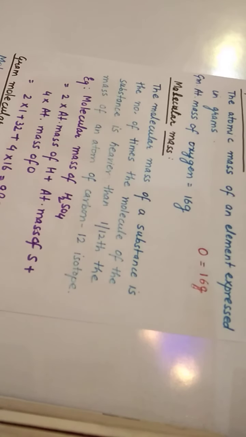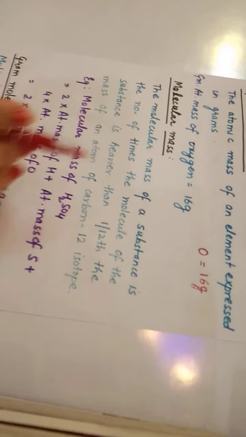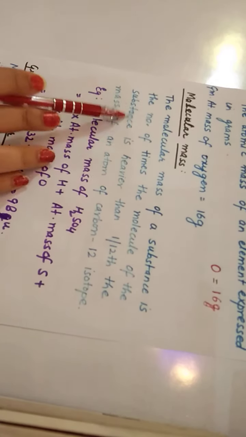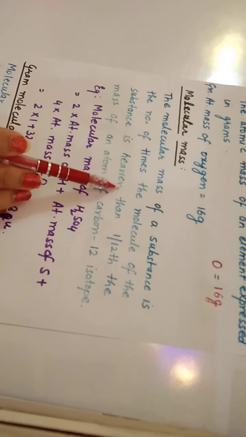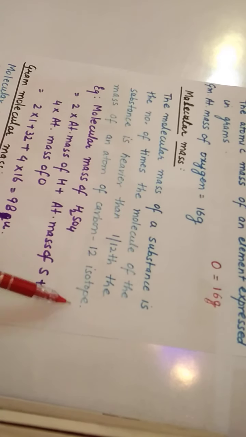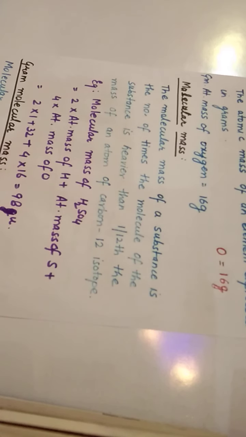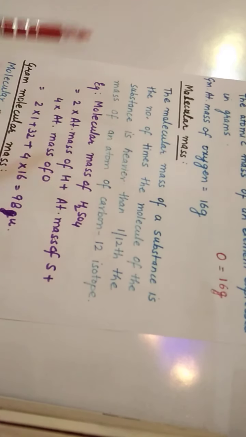Molecular mass. Molecular mass is the mass of the molecules of any substance. The molecular mass of a substance is the number of times the molecule of the substance is heavier than 1/12 the mass of an atom of carbon-12 isotope. The way we made it for atomic mass, in the same way we will make it for molecular mass.